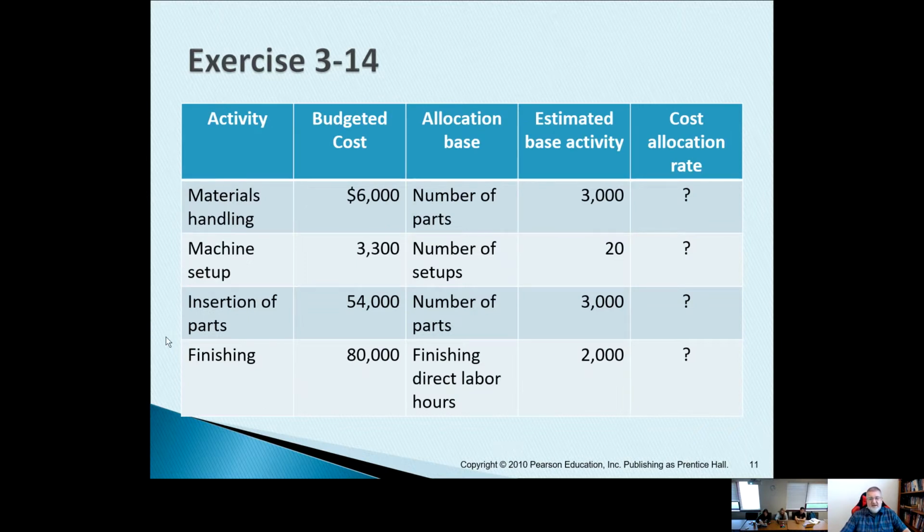So finishing. Now, again, let's go back to my machine shop. When a part is done, quite often we would have to do what we call powder coating, which is kind of a sandblasting, but it's a coating that goes on the material so that it doesn't rust. It's not quite paint, but it's not quite sandblasting either. It's somewhere in between. So let's say I've calculated that I'm going to spend $80,000 in finishing, and I'm doing this on finishing labor.